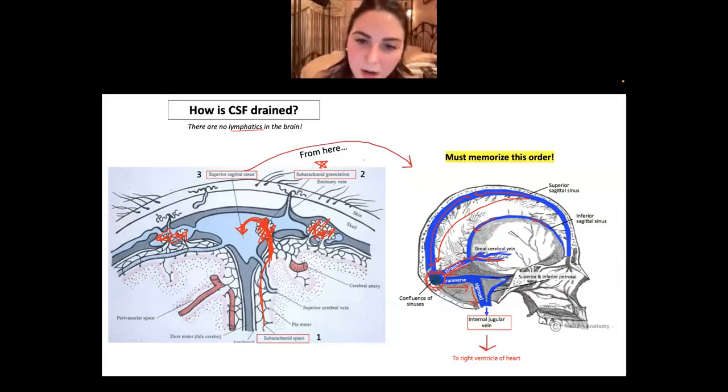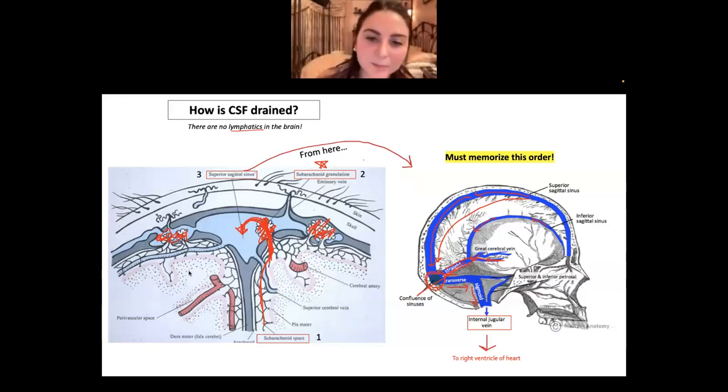They're all going to merge together in what's known as the confluence of sinuses, which just sounds really regal, but it's where all the sinuses come together. So the superior sagittal, the inferior sagittal, these great cerebrals, and your straight sinuses all go into the confluence of sinuses. It's just like a bunch of pipes draining into one area.